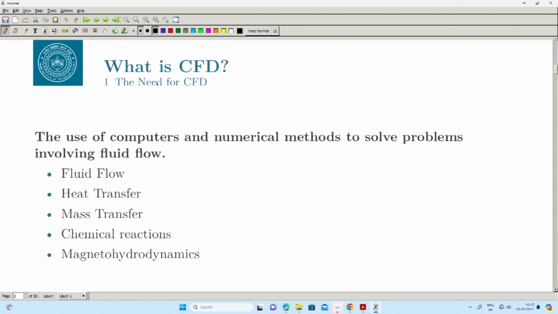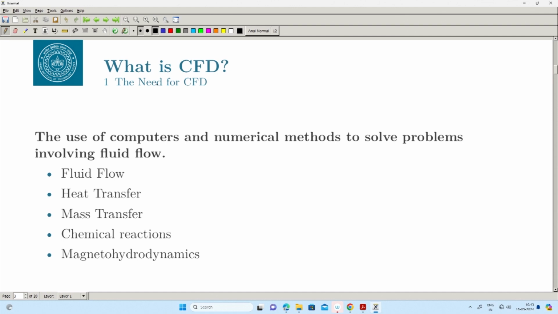CFD, in very layman terms, we can say that we have a computer and we have certain algorithms to solve problems. So, how do we use these computers along with those algorithms to solve the governing equations that dictate our fluid flow?